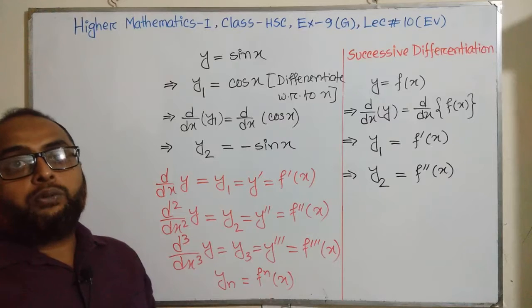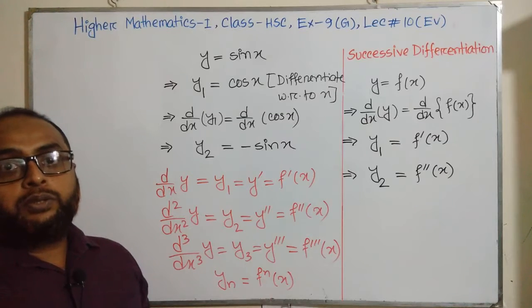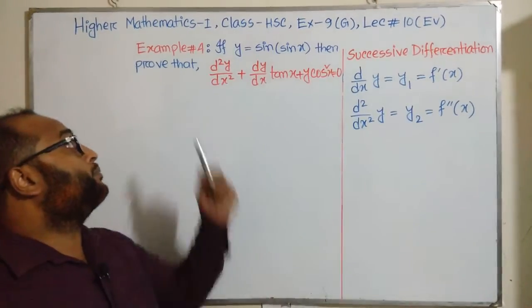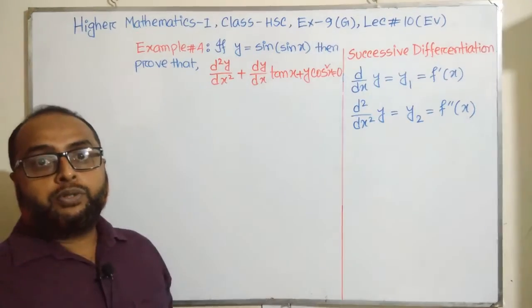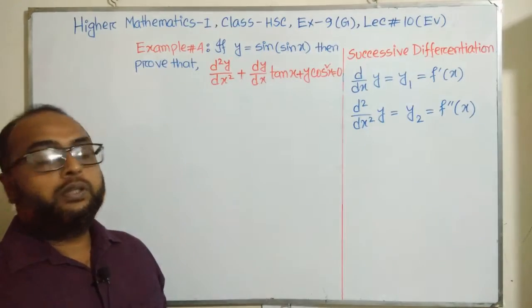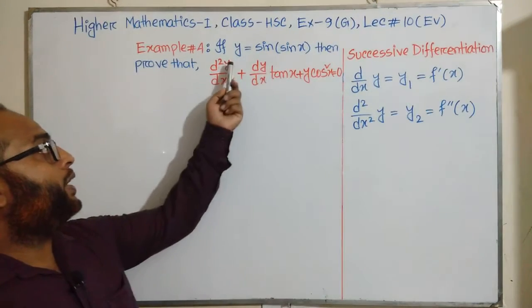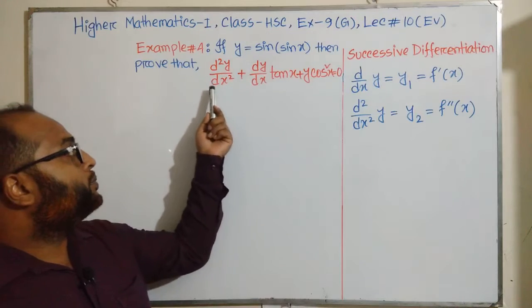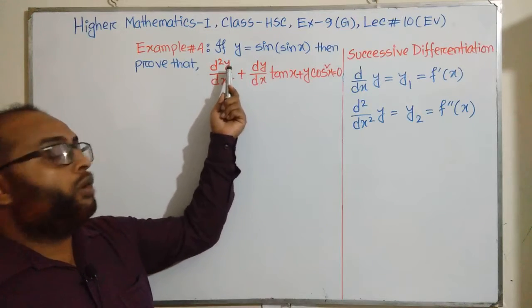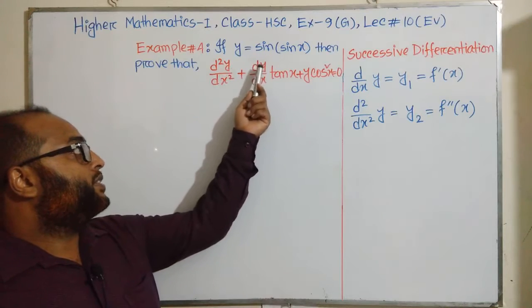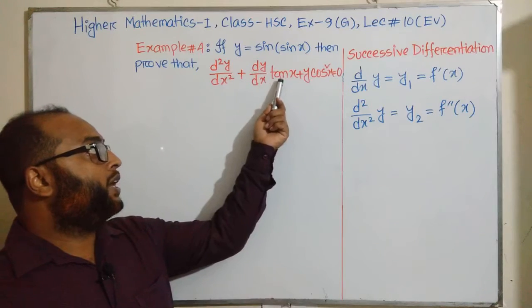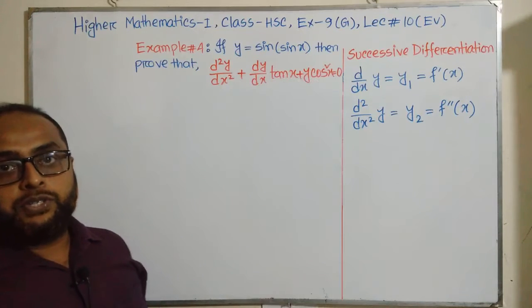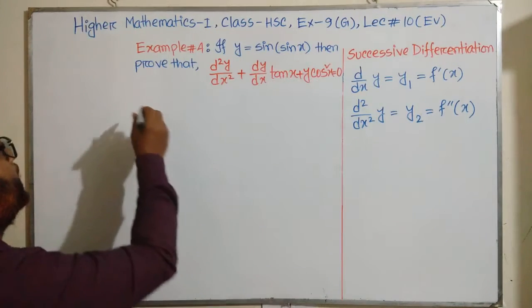Okay students, now let us start with an example. My dear students, this is example number 4 from your SysTech Publications book. If y equals sin of sin x, then we have to prove that the second derivative of y plus the first derivative of y into tan x plus y cos square x is equal to 0.